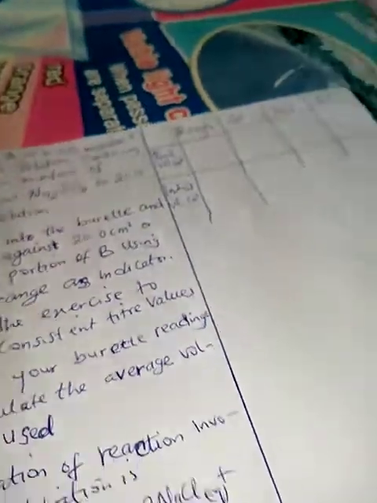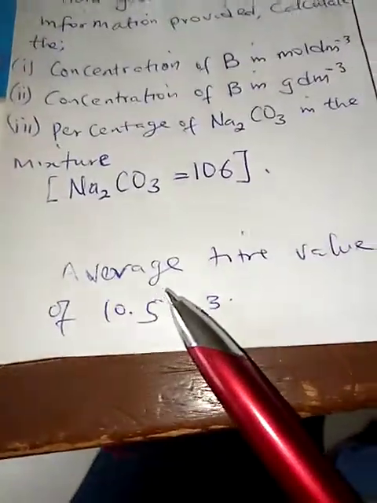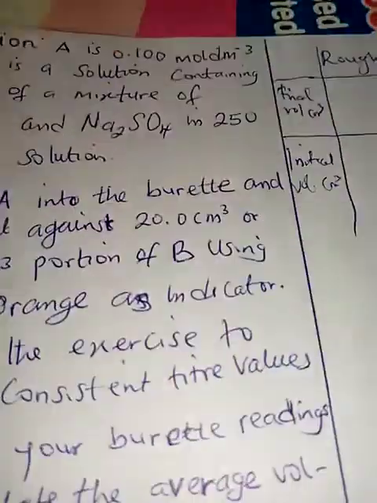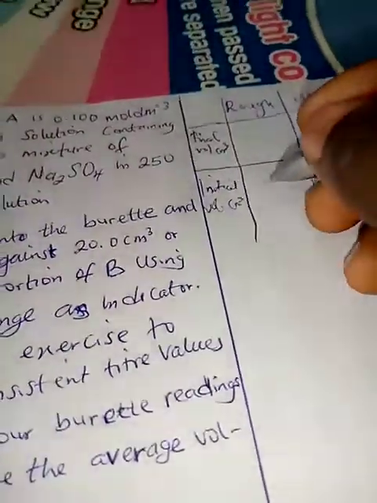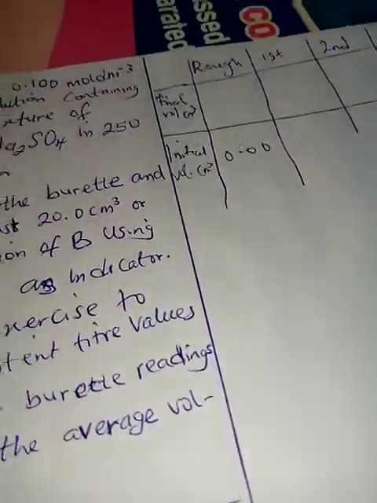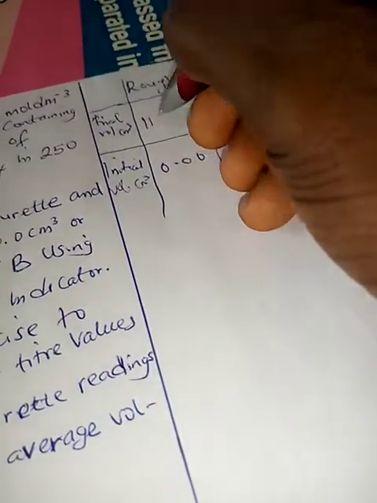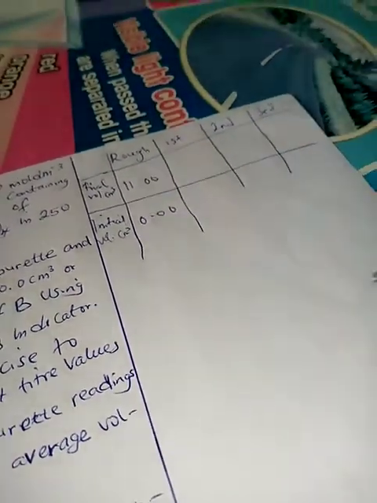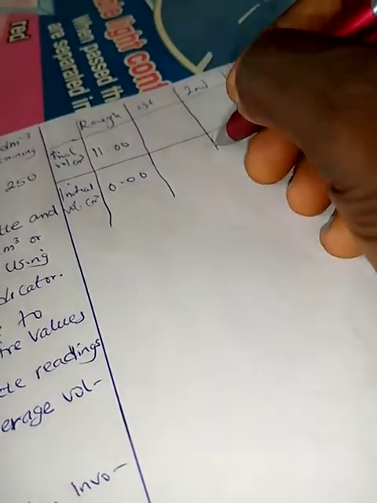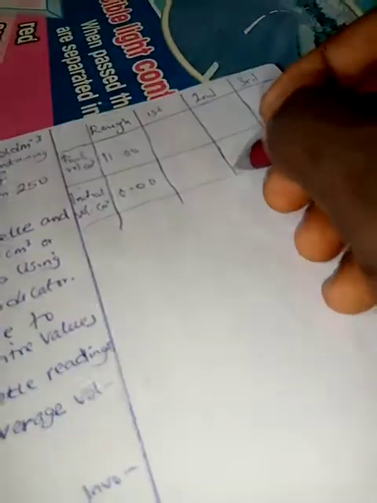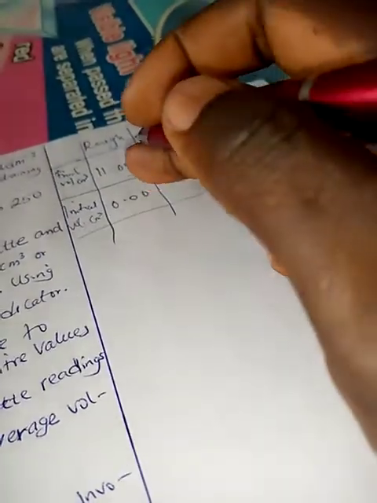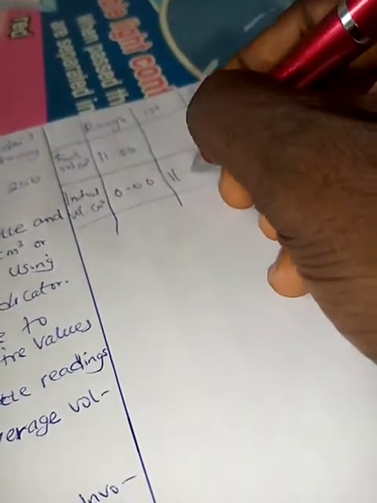So I'm going to work towards my 10.5 cm cube. Let me take my rough. I'm starting from 0.00. Then during my titration, I can say 11.00 cm cube. Then my initial value is going to be 11.00.